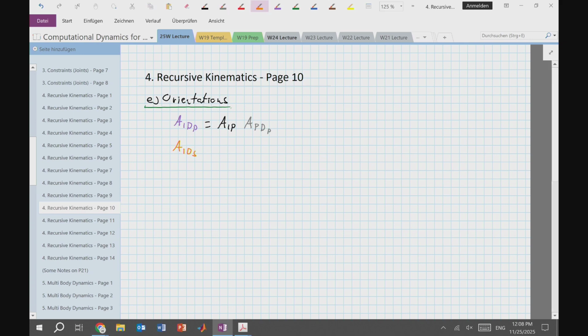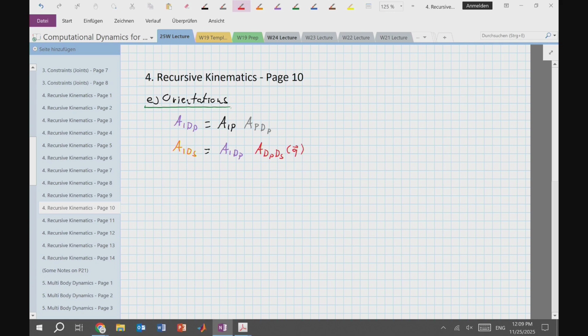Then we have the orientation of the successor coordinate system of our joint, which is ai dp, orientation of the predecessor coordinate system, times a dp ds.